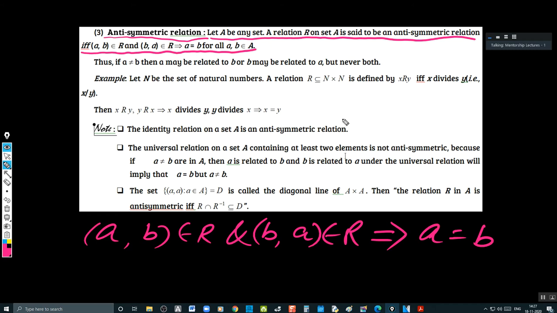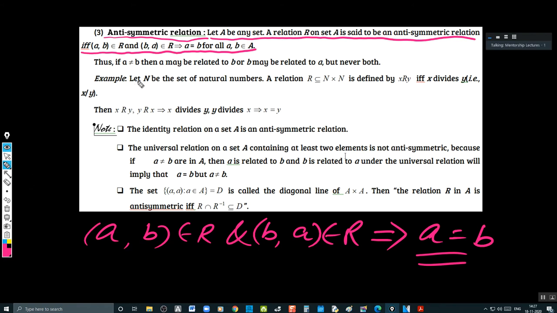But if you see any other face, when you are alone, that must be a ghost face. So ghost we don't know, that is why it is your face only. So (a,b) belongs to R and (b,a) belongs to R implies a is equal to b is said to be anti-symmetric relation.